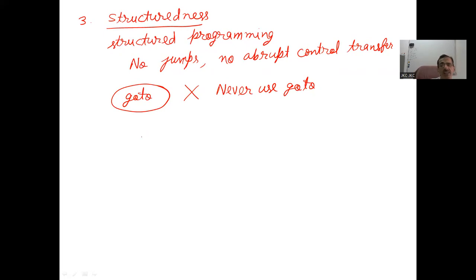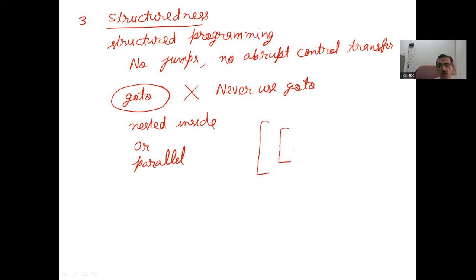Similarly, another aspect is that a control should be either totally nested inside or parallel, with no in-between jumps.